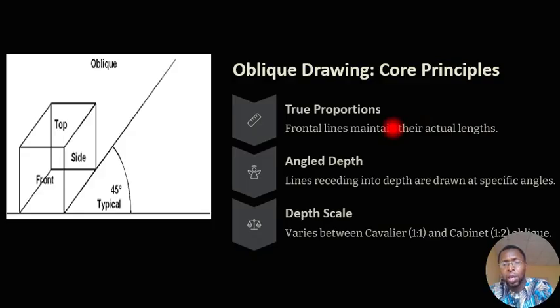Number one, it gives us true proportion. It gives us the angle and depth of that object, and it gives us the depth scales, depending on whether you are using cavalier oblique or cabinet oblique drawing. So it gives you the depth scale of that object, as you can see here.